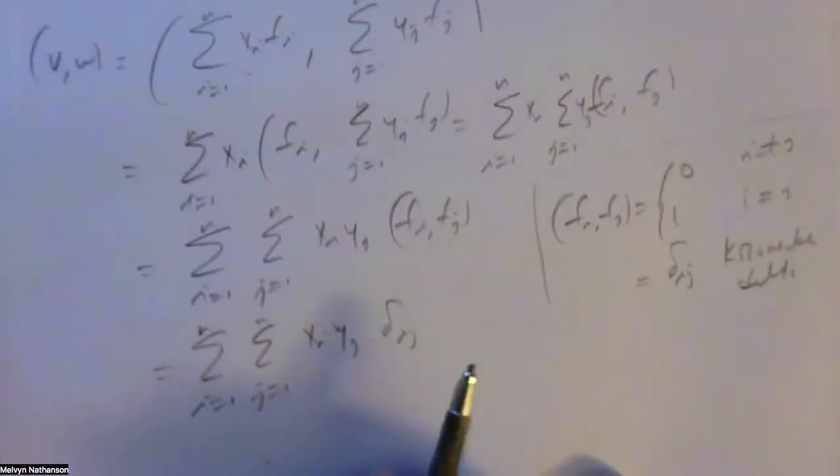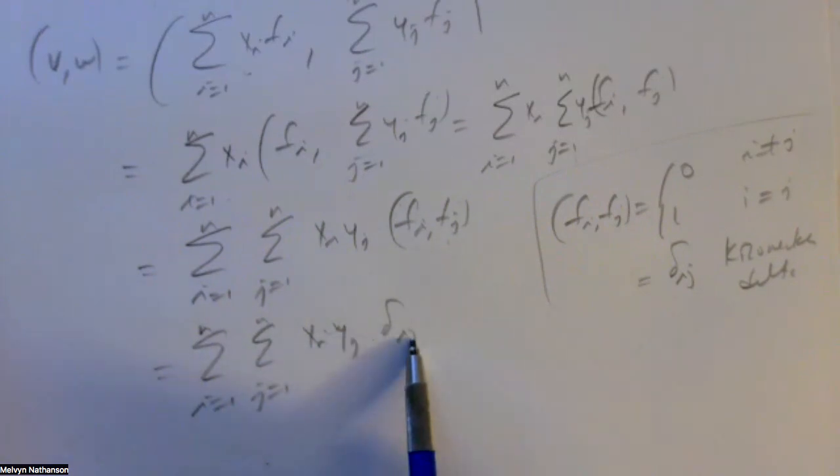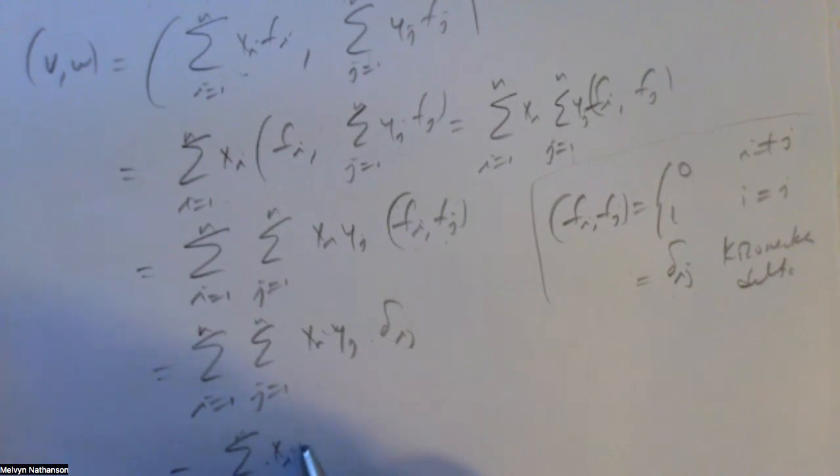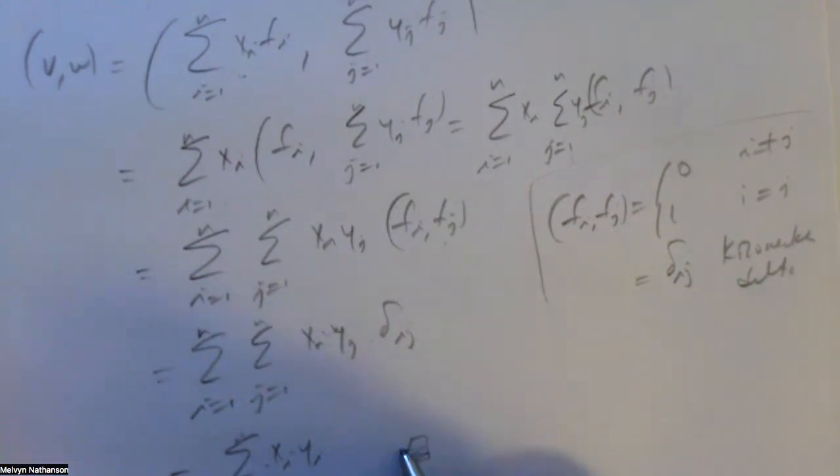It's just the function which is 1 if i equals j and 0 otherwise. So this is summation i from 1 up to n, j from 1 up to n, xi, yj, delta ij. The only time this is not 0 is when i equals j. So this is summation i goes from 1 up to n, xi, yi. And that's what we wanted to prove.